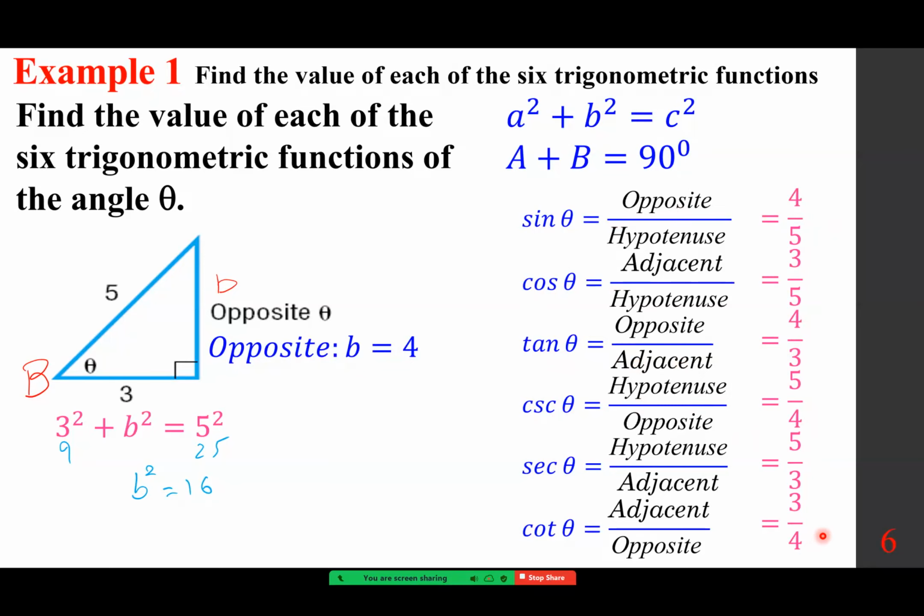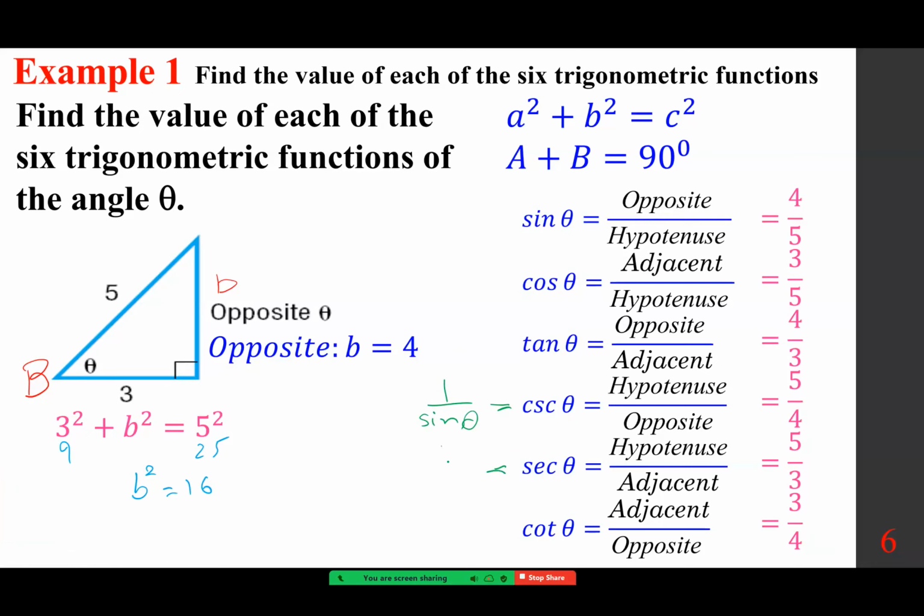I have a question. Go ahead. So basically, to find cosecant, secant, and cotangent, we just flip whatever we got for sine, cosine, and tangent. Exactly, because what is the formula for cosecant? 1 over sine.